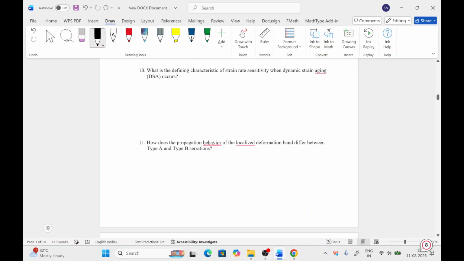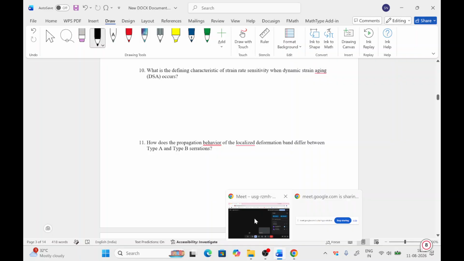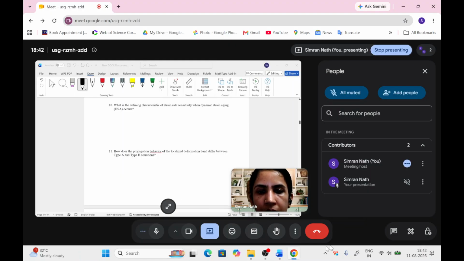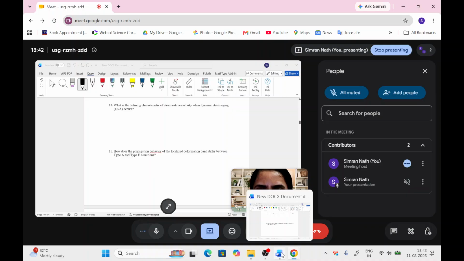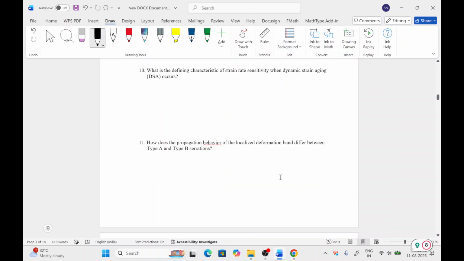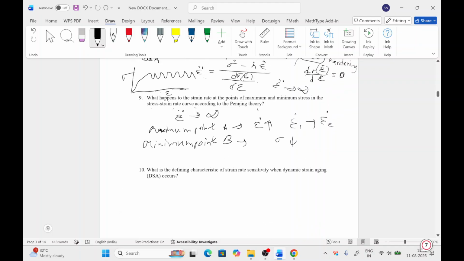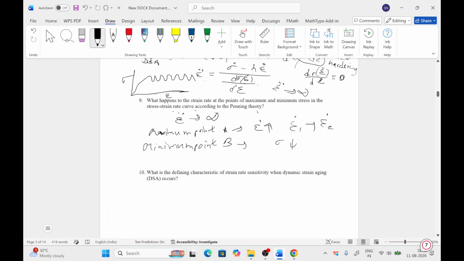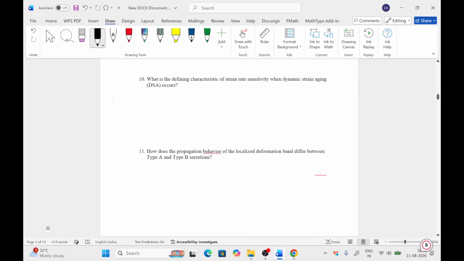Next question is, what is the defining characteristic of strain rate sensitivity when dynamic strain aging occurs? This is the strain rate behavior, means the change in flow stress with respect to strain rate.